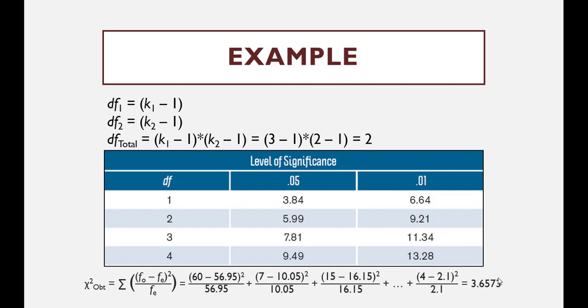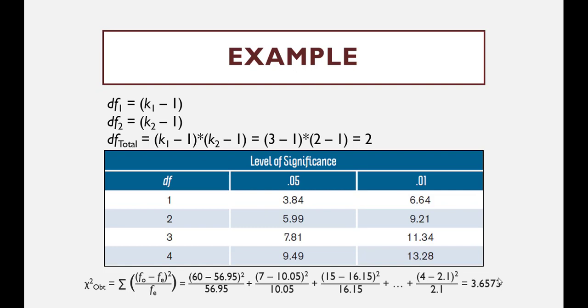Chi-square is particularly susceptible to sample size. As sample size gets bigger, all things being equal, chi-square will get bigger. Even more so than the t-test and the F-test, it's basically proportional. If you double the sample size, you'll basically double your chi-square.